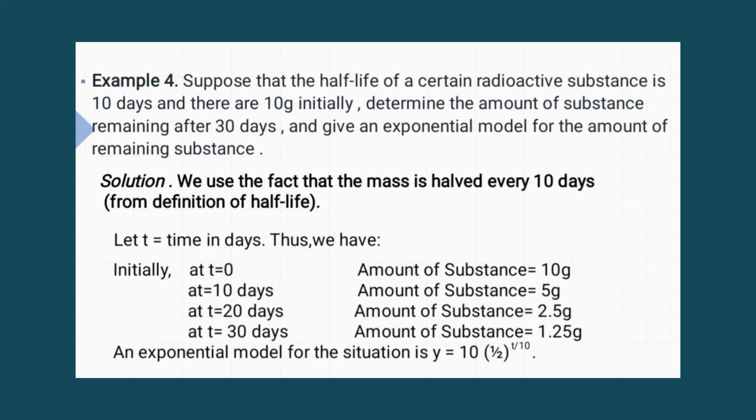After 20 days, the 5 grams will be halved and become 2.5 grams. And after 30 days, it will be halved again and become 1.25 grams. Therefore, the amount of substance remaining after 30 days is 1.25 grams.